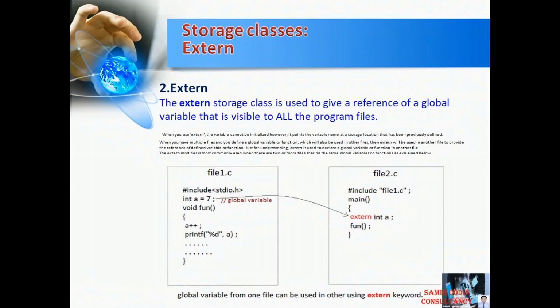Just we can say that external is used to declare a global variable or function in another file. Here, please look at the example. External is used in file 2 as a reference of variable a which is present in file 1.